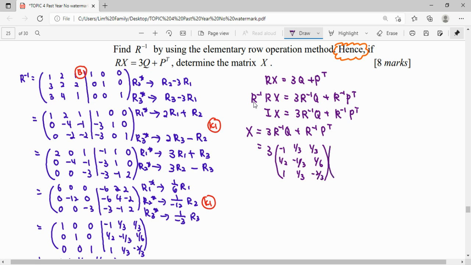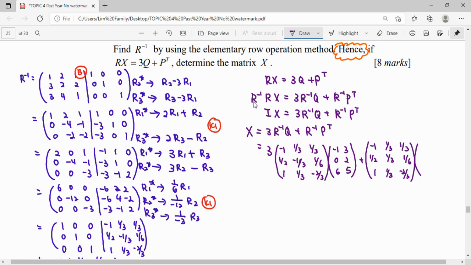Times matrix Q. Matrix Q is negative 1, 3, 0, 2, 6, 5, and then plus R inverse again times P transpose.